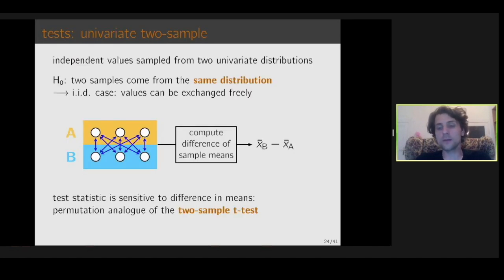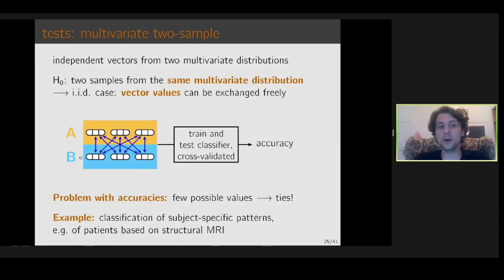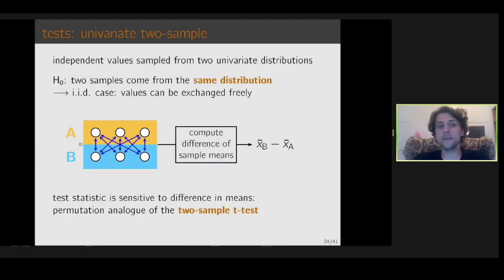The first one of this is the one which I've actually already used in the introduction. It's the univariate two-sample situation, where we assume that we have independent values sampled from two univariate distributions. And the null hypothesis is that the two samples come from the same distribution.